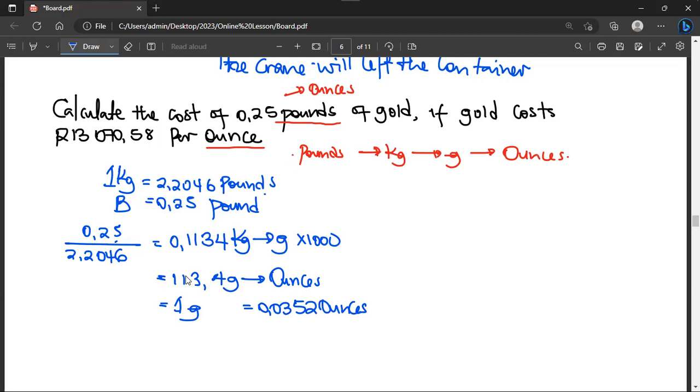What about if you have that many grams? So we end up having approximately 4 ounces.